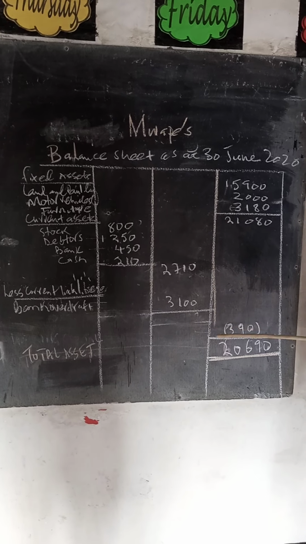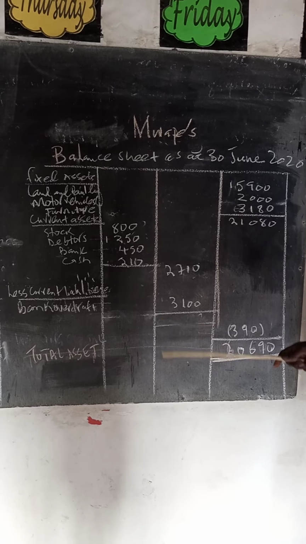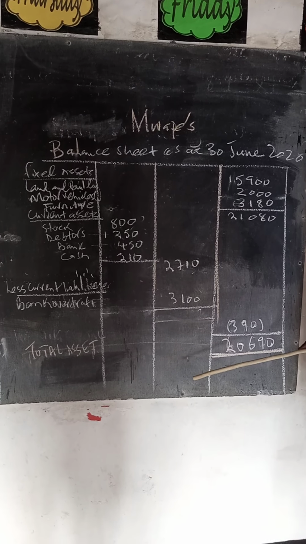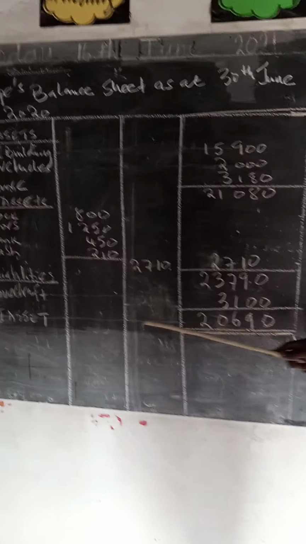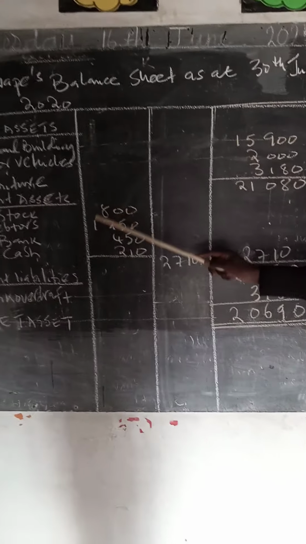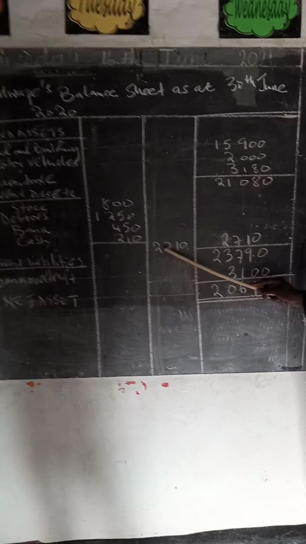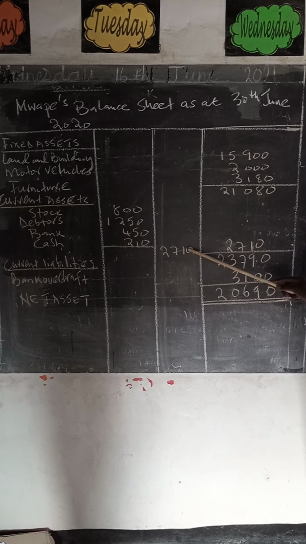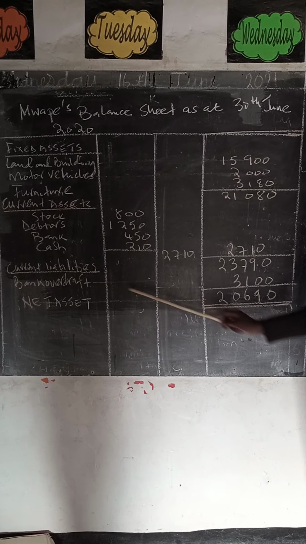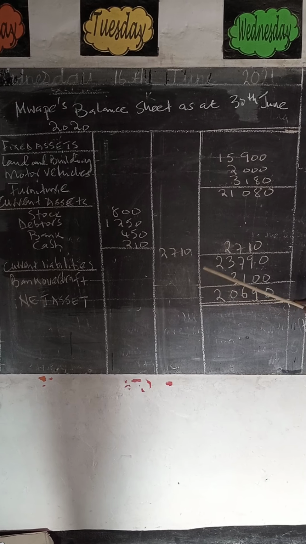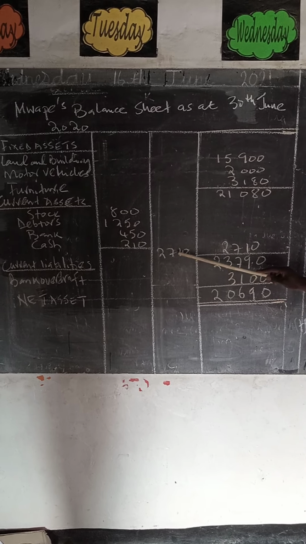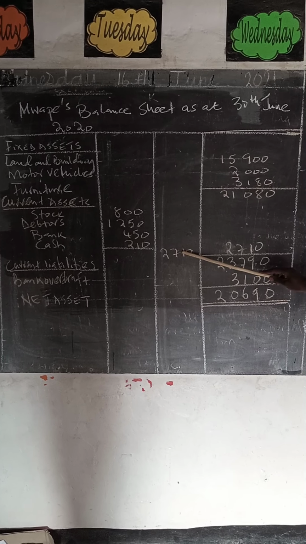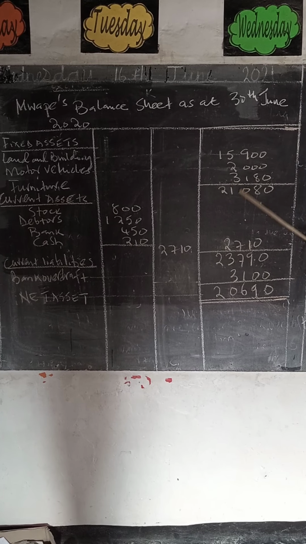Now let me show you again on the second example, the same thing you can do. In the same exercise, the total current assets is 2,710. Since the current liabilities are more, the second method you can use is that you just add the current assets to the fixed asset.